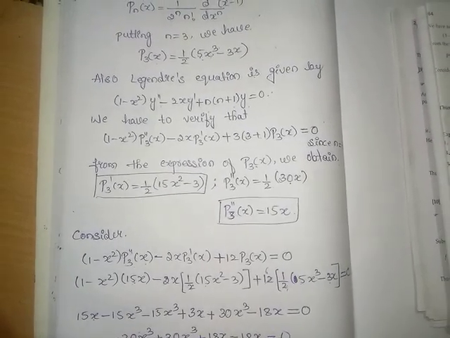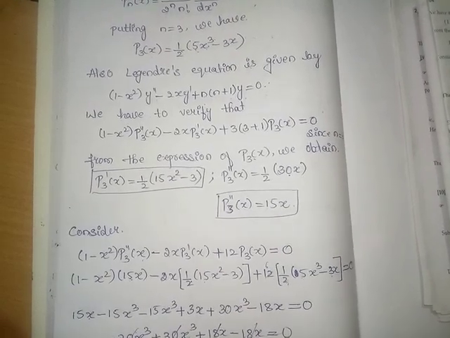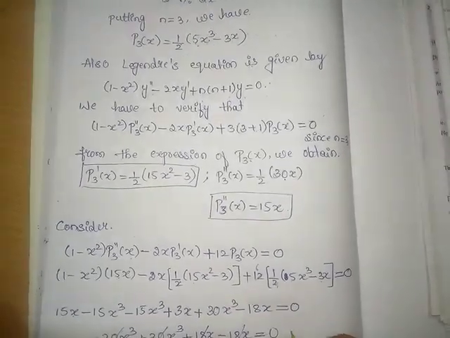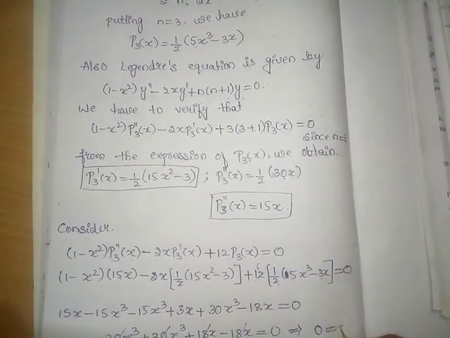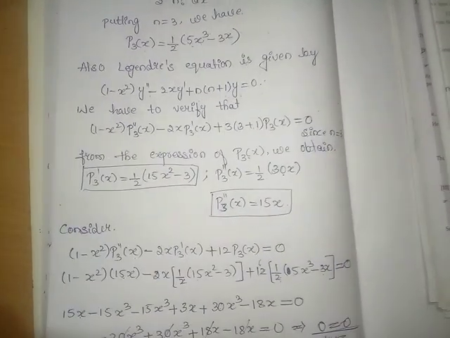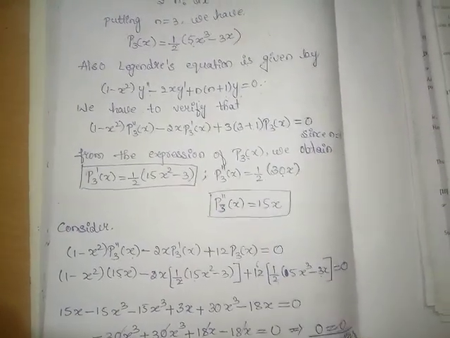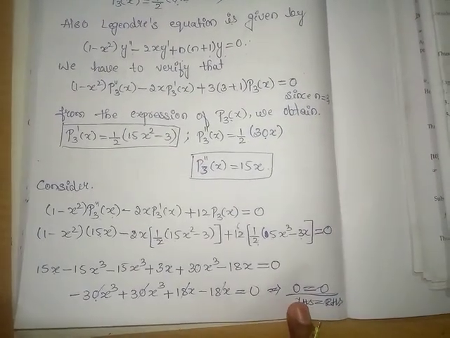Minus 30x cube plus 30x cube get cancelled, plus 18 minus 18 get cancelled. We have, which implies 0 is equal to 0. LHS is equal to RHS.